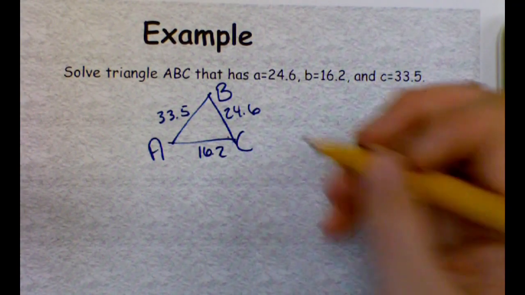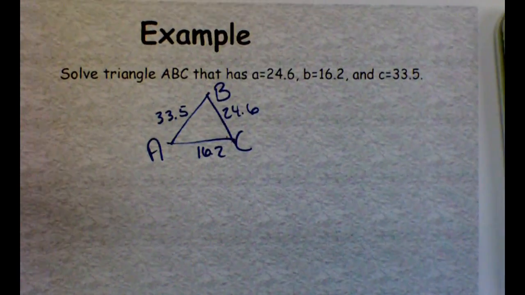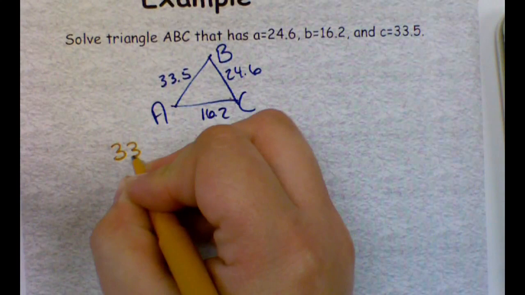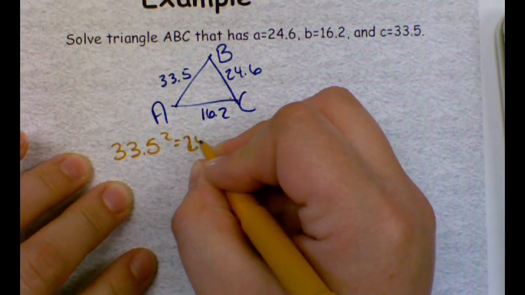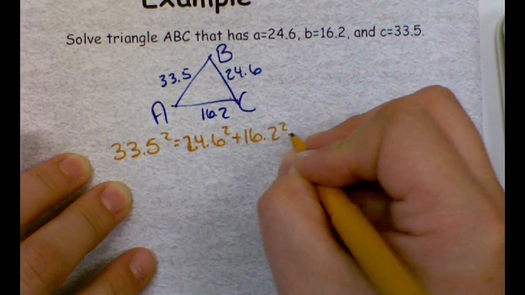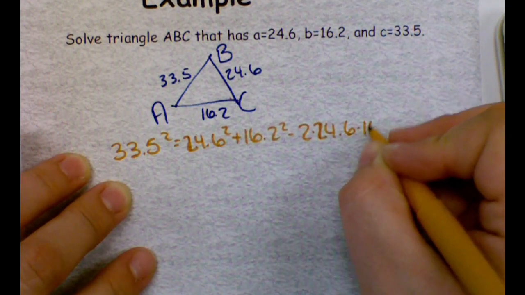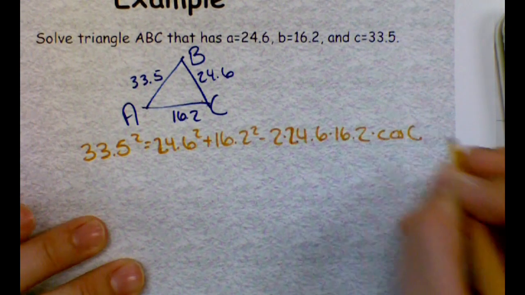That biggest angle is angle C. So we want to use the version of the law of cosines with C's on the ends. So we take C squared equals A squared, 24.6, plus B squared minus 2 times A times B times the cosine of C.